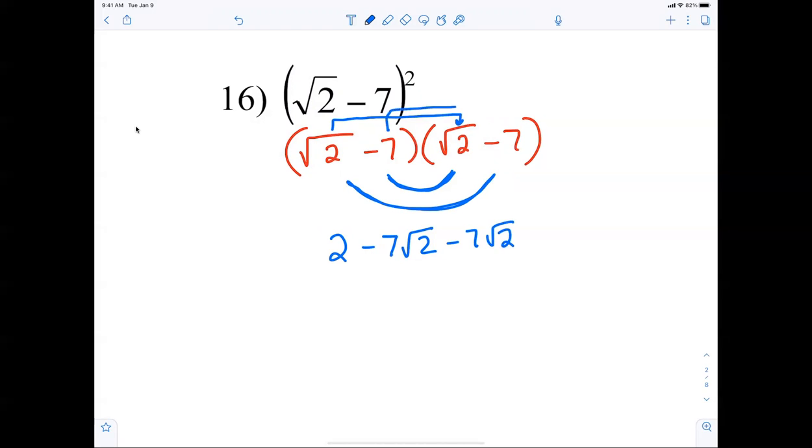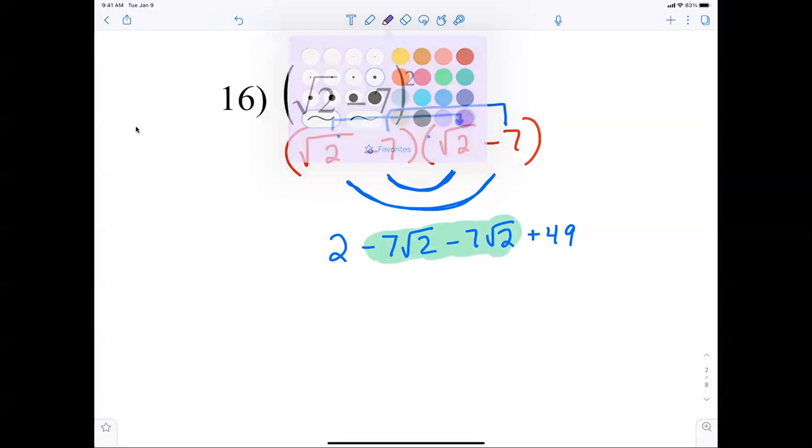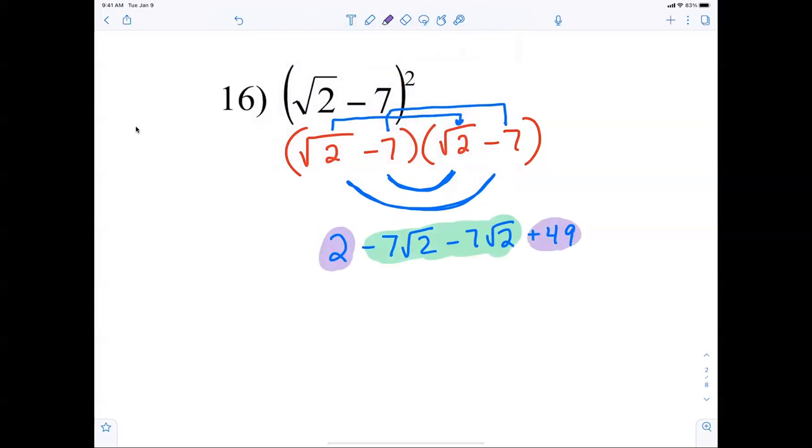Right, and then finally multiplying. So that would give you a positive 49. Any questions with that? Anybody? And now, of course, we just combine terms, right? These two go together, it's just 51 minus 14 in the second, and then these go together. So correct, 51 minus 14 radical 2. Everybody good with that?